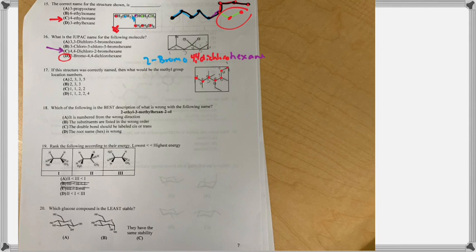With the structure, they were able to find the longest carbon chain correctly, which is nice, and may or may not have been able to find the longest carbon chain up there. Does that make sense? Can you kind of see that? Once you have the structure, it's a little bit easier to interpret, so drawing the structure can help. Right? With that, it's then trying to identify your locators, and they went through and numbered it both directions.